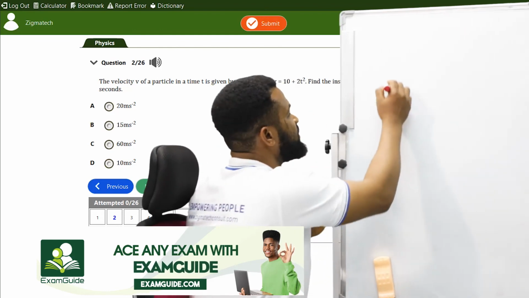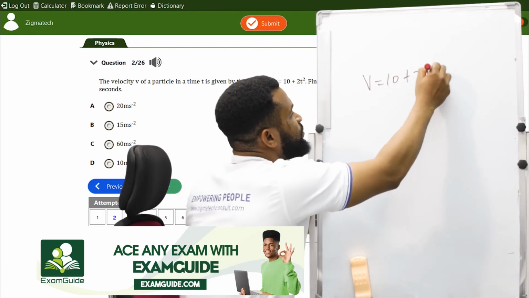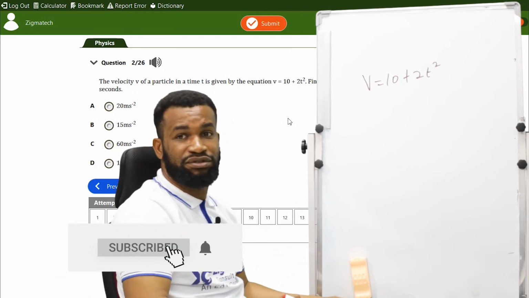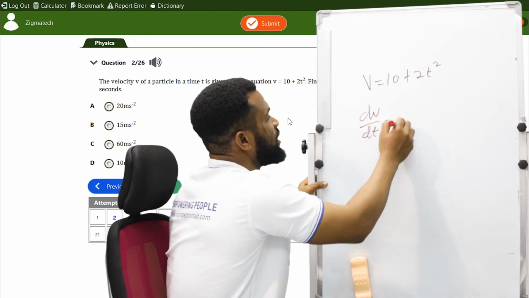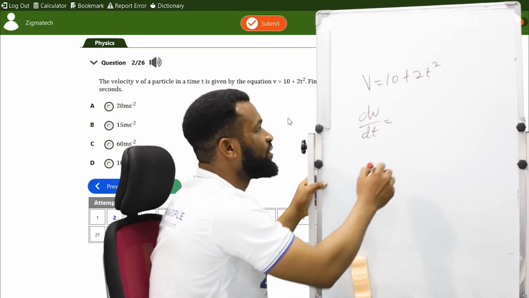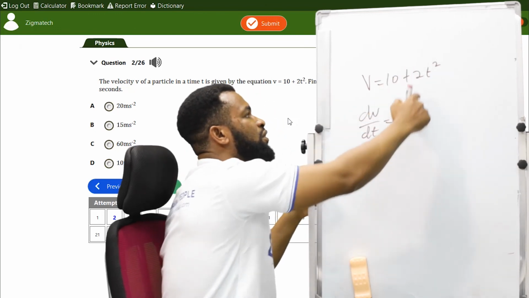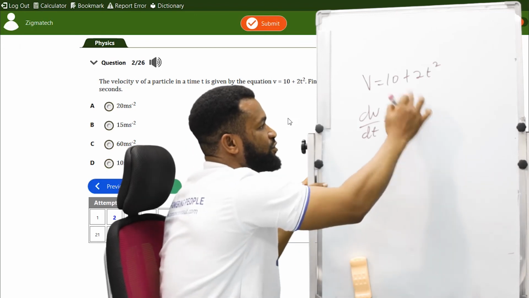So the velocity is given as v is 10 plus 2t squared. Instantaneous acceleration means the derivative of velocity with respect to time, that is dv over dt. And every constant differentiates to 0. So we have 4t. That is 2 times 2 is 4, and 2 minus 1 is 1 on top here, so it's not necessary to write it.